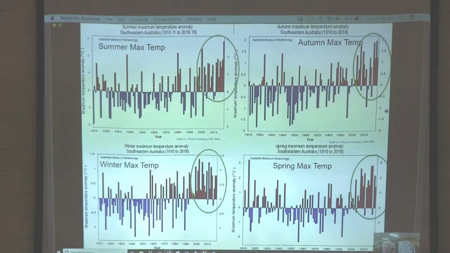That's the temperature trends for Southeast Australia, and I guess the Bureau explained this. This is put in seasons for summer, autumn, winter and spring, but we're squeezing in an extra month of summer. One of the warmest and fastest warming seasons is spring at the minute. In the last 10 years, we've only had two that have been a bit below average, and quite a few have been between 2 and almost 3 degrees warmer.